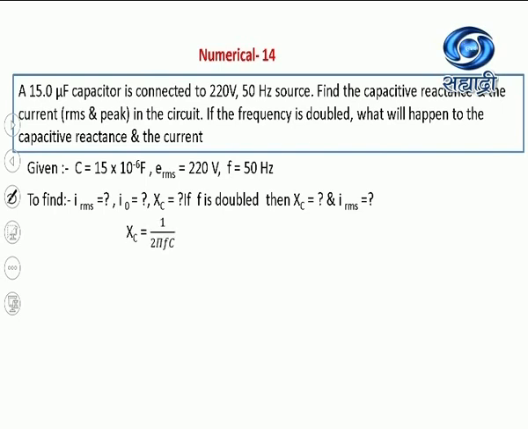We know the formula, Xc is 1 upon 2 pi F C. Here it equals 1 upon 2 pi, F is 50, C is 15 into 10 to the power minus 6.